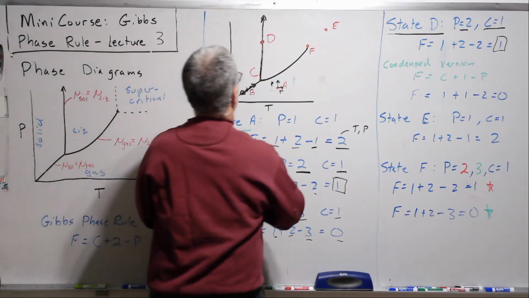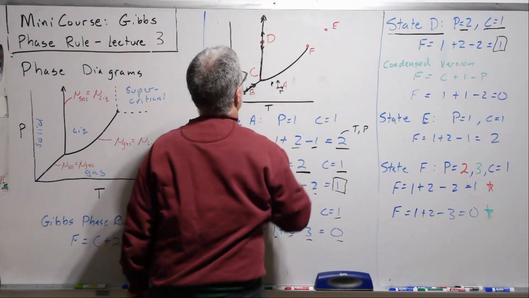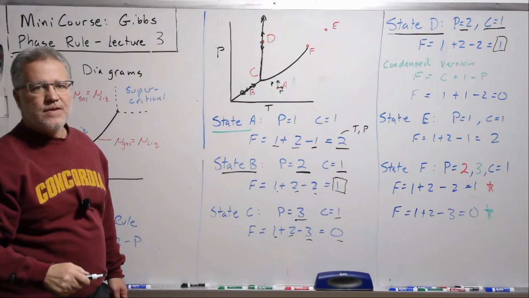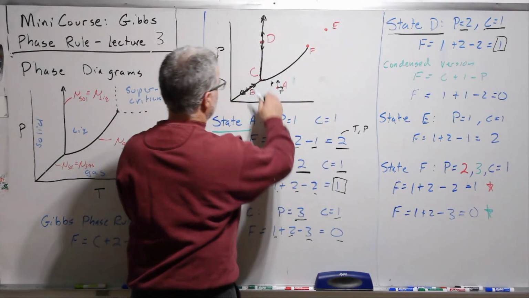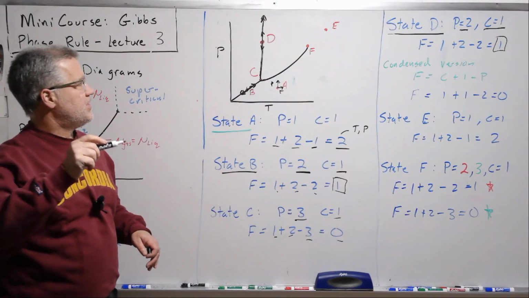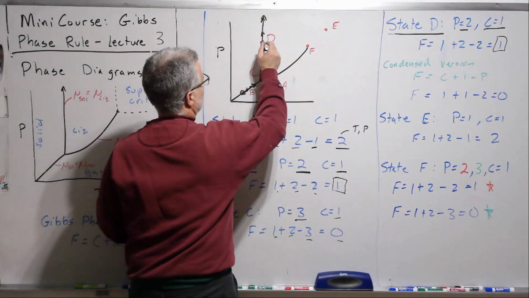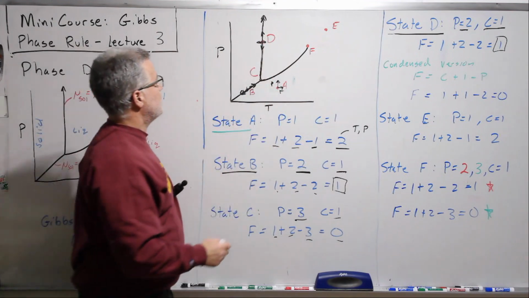So if we move up and down in this direction, this z variable we had before over here really corresponds to pressure. Because this equilibrium is very sensitive to temperature. So we go just a little bit in either direction, we are out of this equilibrium.